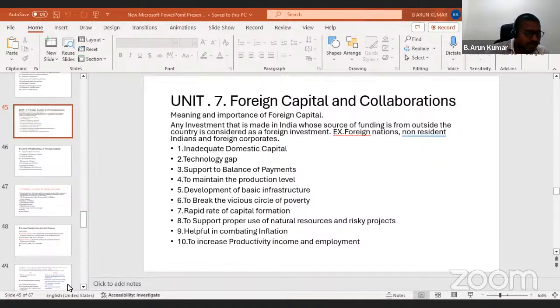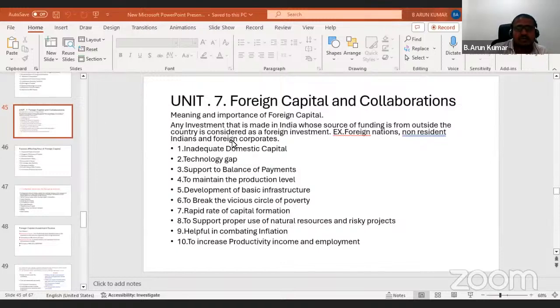Keeping the significant role of foreign capital in view, this unit presents the meaning and importance of foreign capital, factors affecting the flow of foreign capital, forbidden territories for foreign investments, foreign capital investment routes, and foreign firms and foreign capital.